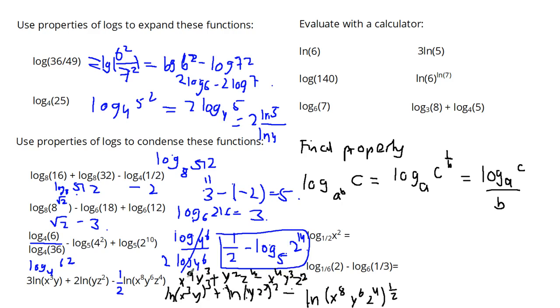Right, so we have x^9 y^3 plus y^2 z^4 minus x^4 y^3 z^2. But they are in natural log, so you can add them. When you add them, you multiply them, so you add the exponents. You subtract these, so you subtract the exponents.